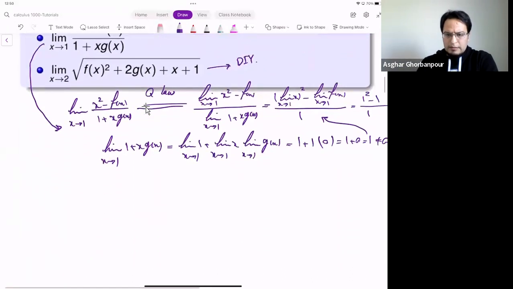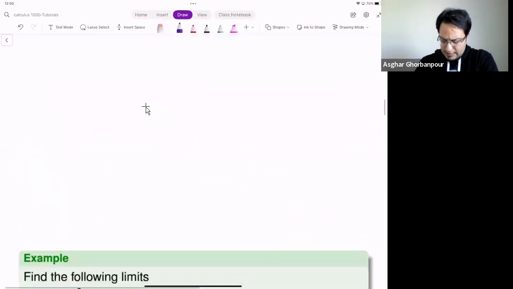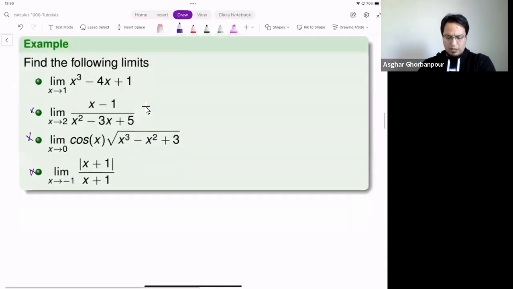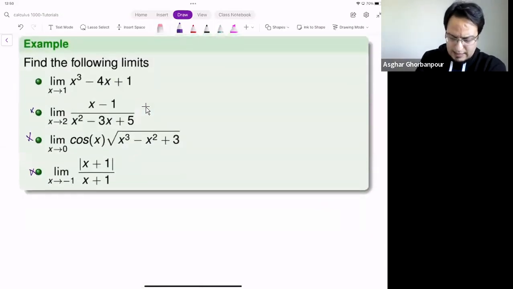Well, the basic limits can also appear in a nicer way, like this one. I can now try to evaluate this limit. Okay, I see that I have to first use the sum and difference law, then power, then product, but I will write it in one step for you. So this is the power law.